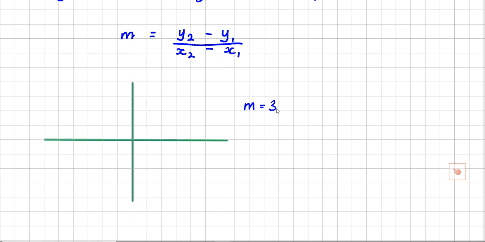So what I'm hoping you do, the specifics of the line, all we're looking at is the gradient. So I'm going to pick a point down here, one point there. And if I go across 1 square, how far up do I need to go? 3. So I would put my next dot there. If I went across 2 squares, how many squares would I have to go up? 6.